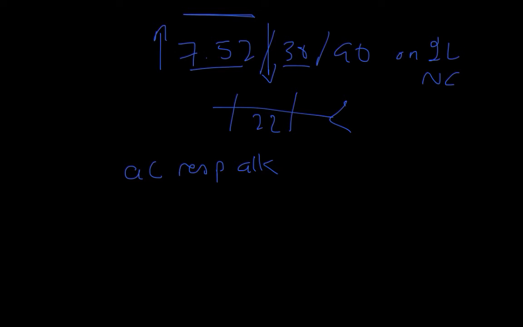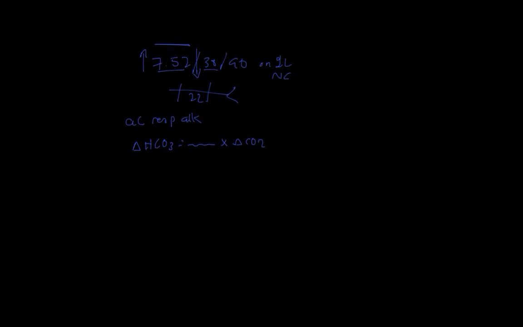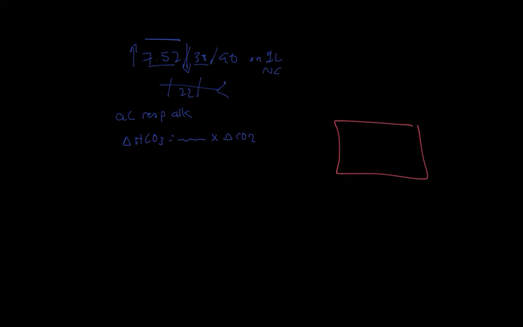In this case, what's the predicted change in bicarb? I know that the predicted change in bicarb equals some correction factor times the change in CO2. Now, if I go back to the box and say acidosis, alkalosis, acute, chronic, 1, 2, 3, 4, 5.